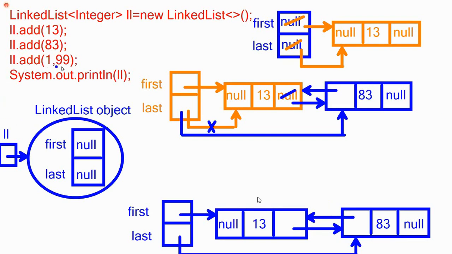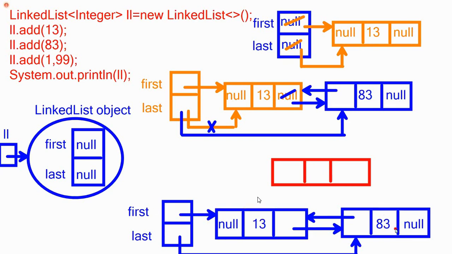Whenever this line is executed, 1 comma 99, then one node is created. Now, LL dot add 1 comma 99. It was 0, now it is 1.